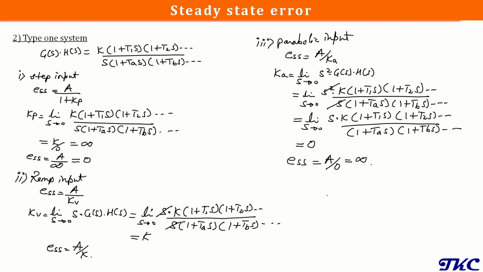Now let's find the steady state error for a type 2 system and see how it changes with respect to the type of input. Again, the transfer function for a type 2 system we can write as G(s)H(s), and that will be equal to K(1 + T1s)(1 + T2s) divided by s square (1 + Tas)(1 + Tbs) and so on.